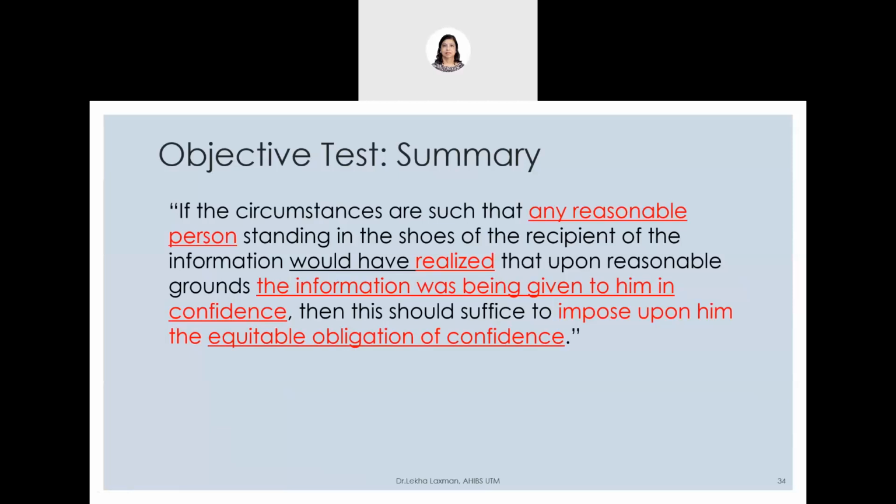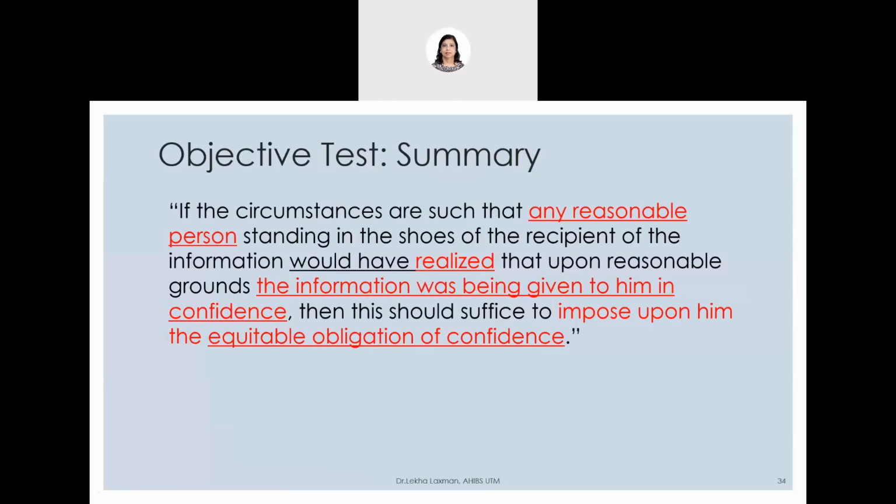So in the context of confidential information, the court normally uses the objective test to see whether a reasonable person who receives that information will know that the information given to him is in confidence, and therefore it imposes on him this obligation to keep it confidential.